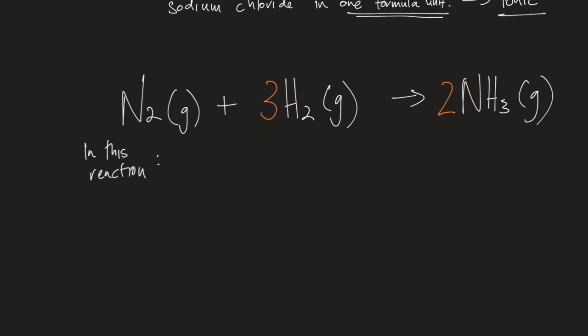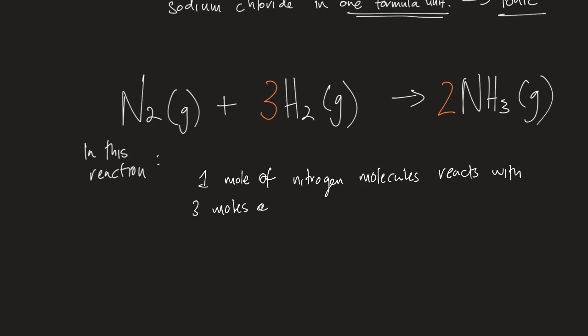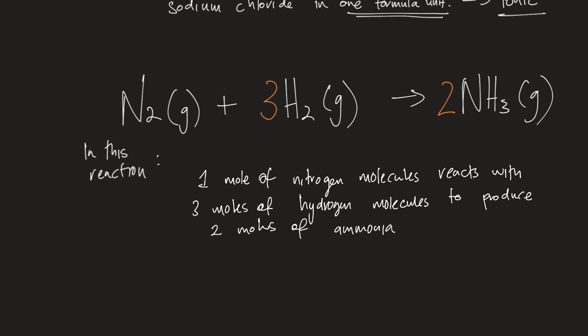So in this reaction, we have 1 mole of nitrogen molecules reacts with 3 moles of hydrogen molecules to produce 2 moles of ammonia molecules. Now, where am I getting these numbers from?